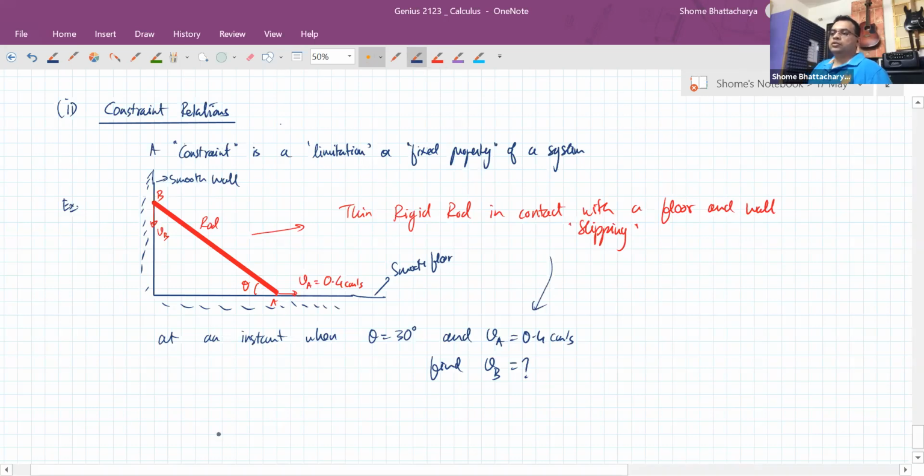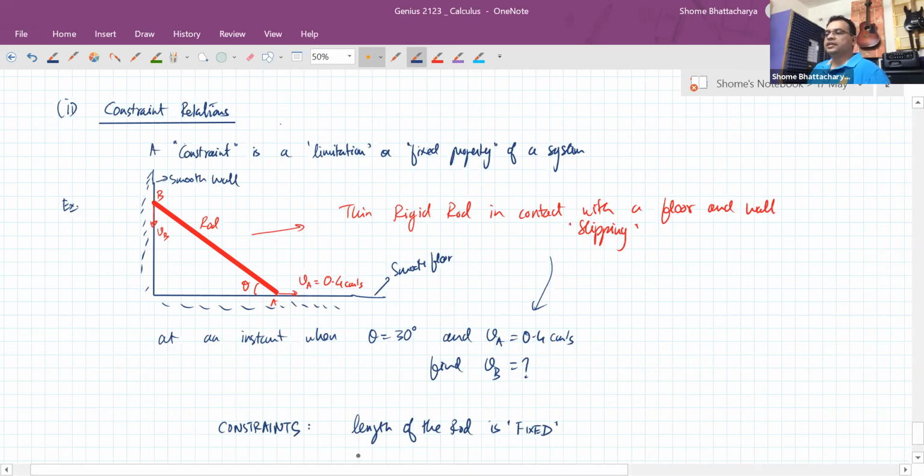Okay. So in this particular example, there are actually a number of constraints that we will use. One is that the length of the rod is fixed. That is the biggest constraint that you can see, because it's a rigid rod.